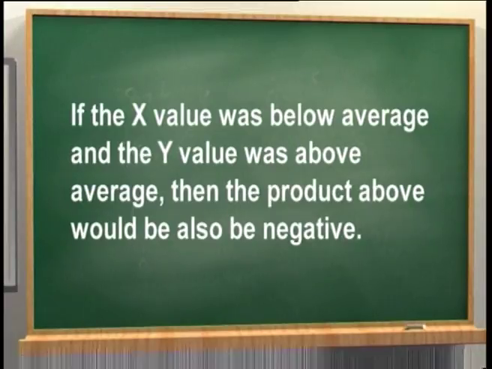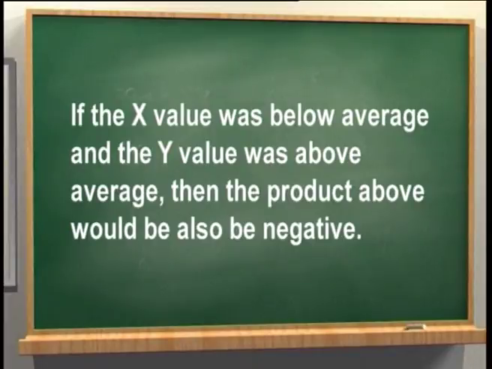If the x value was below the average and the y value was above the average, then the product would also be negative. Therefore, a negative correlation is evidence of a general tendency that large values of x are associated with small values of y and small values of x are associated with large values of y.